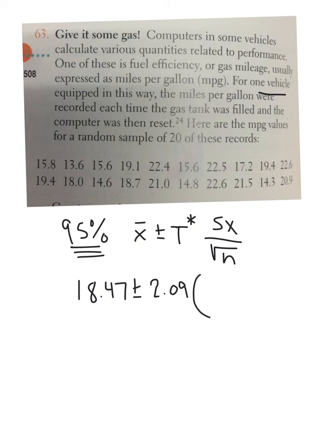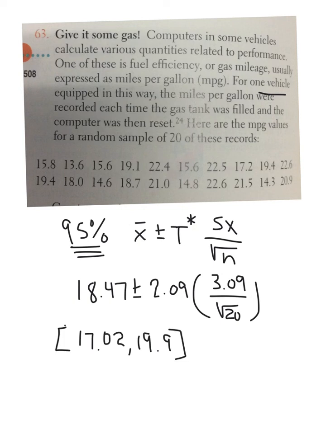I'm going to go back into one variable statistics, and the standard deviation is 3.09, divided by the square root of 20. Remember, multiply all this stuff together, get a number, add it to that number, subtract it from that number, and you get your interval.